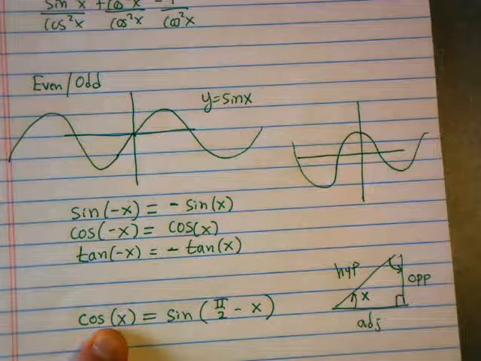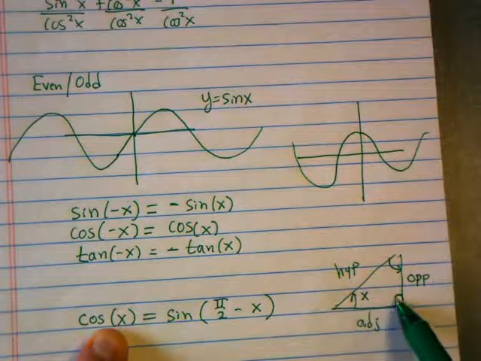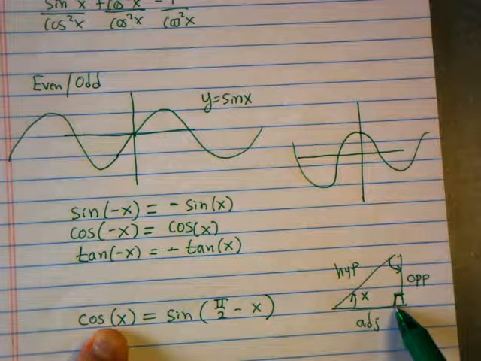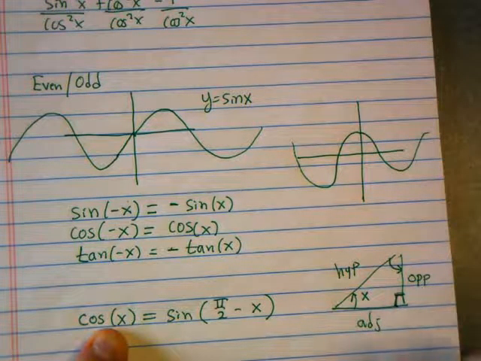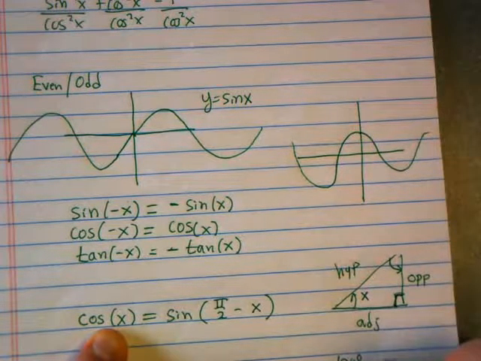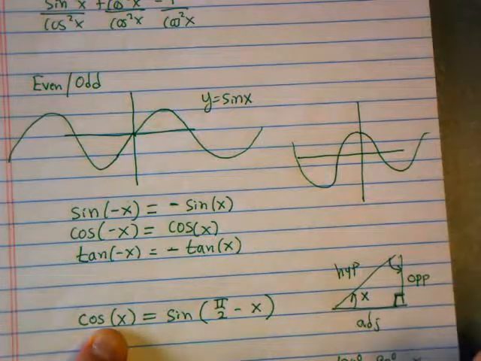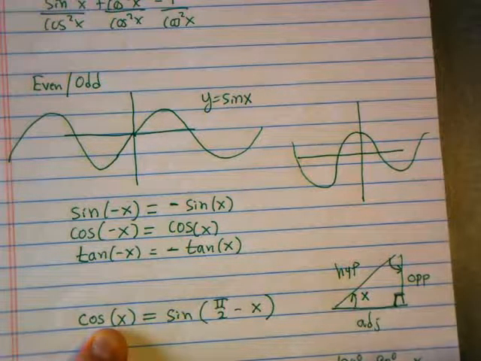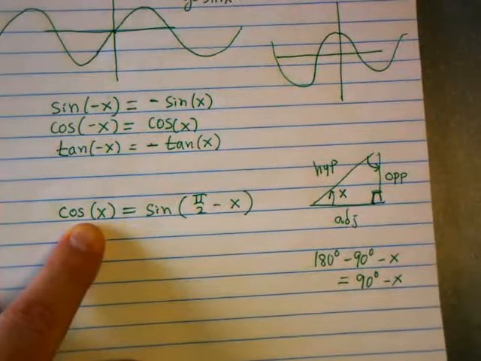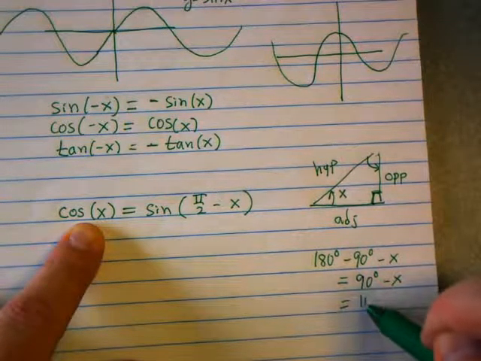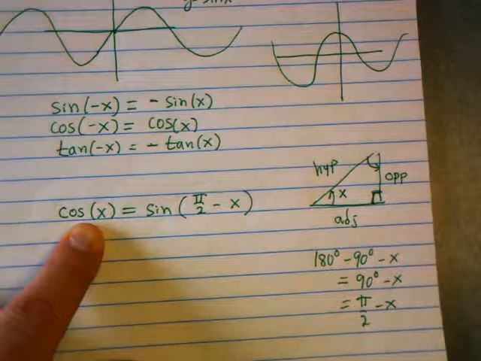How big is this angle? 180 minus 90 minus x, which is the same as 90 minus x, which is the same as pi over 2 minus x.